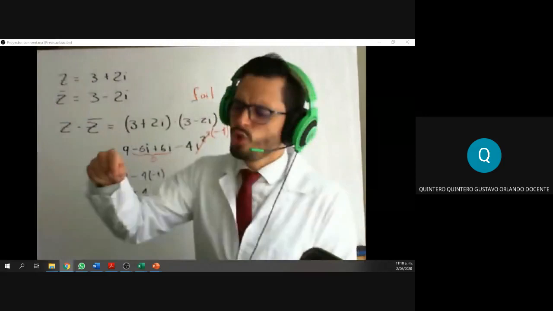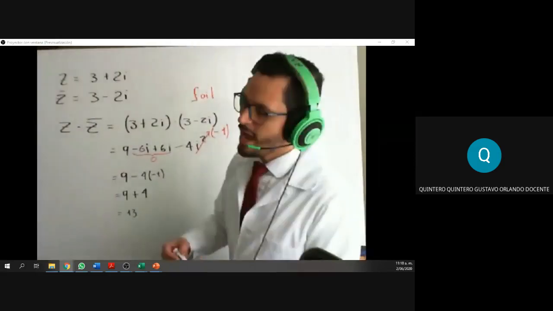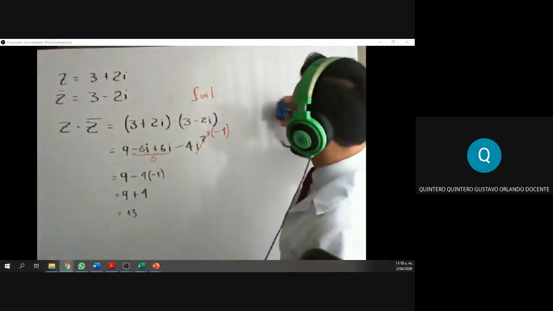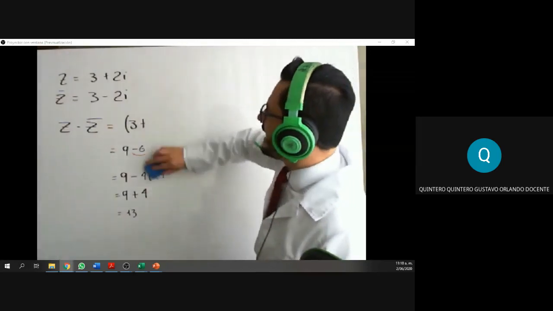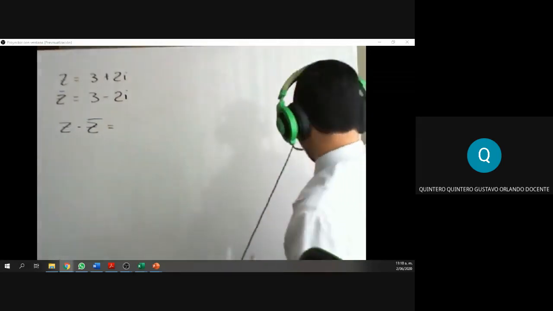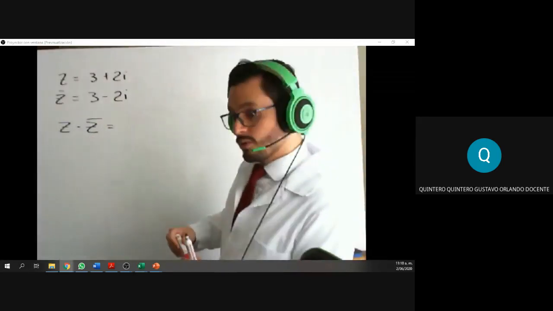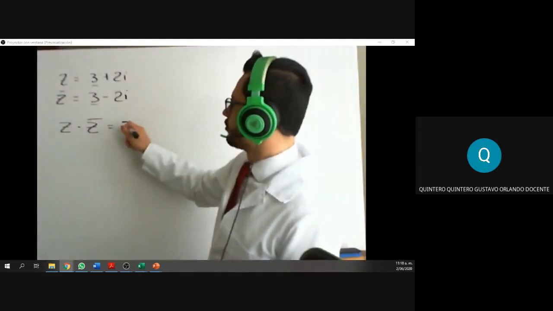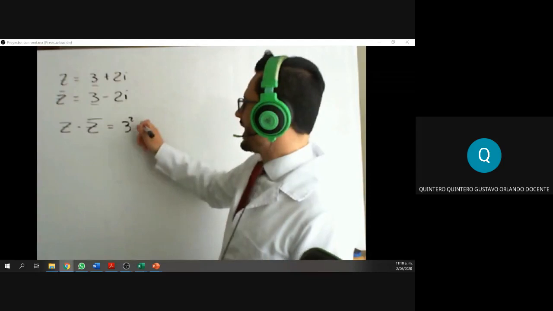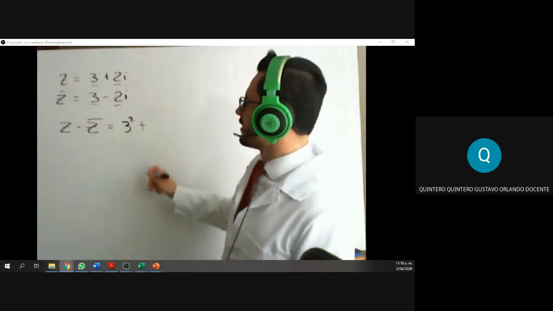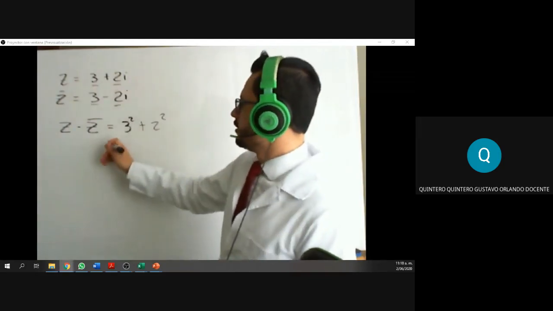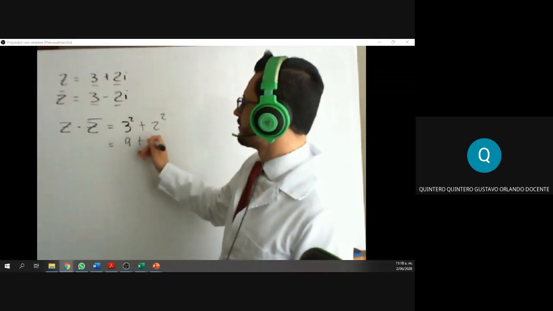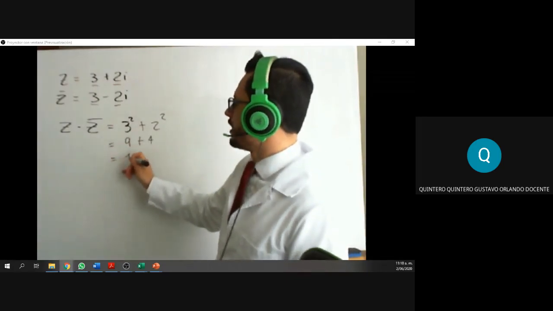But can you do even better? Because now we know the little trick. Instead of having to multiply all of that, the multiplication was the first digit squared, 3 squared, plus the second digit squared, 2 squared. This will be 9 plus 4, which again was 13.